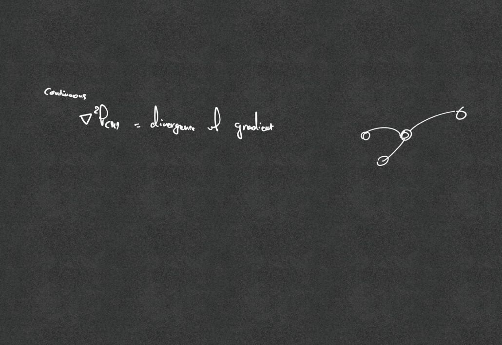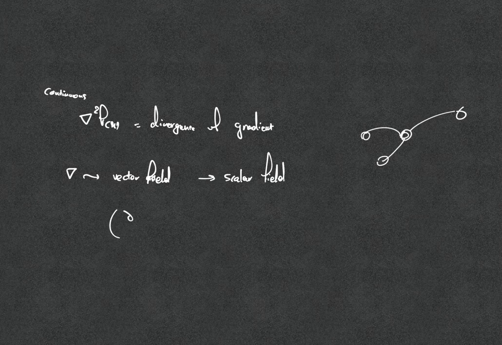Now, when we're talking about divergence, we're talking about an operator that will be applied on a vector field and is itself a vector operator, and it results in a scalar field. Now, considering that our vector field for f is the gradient, let's say a three-dimensional f like this.